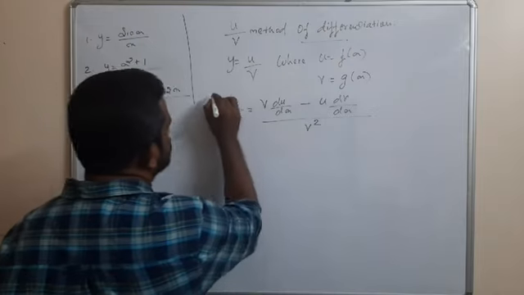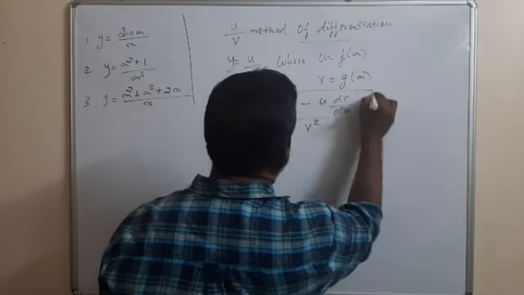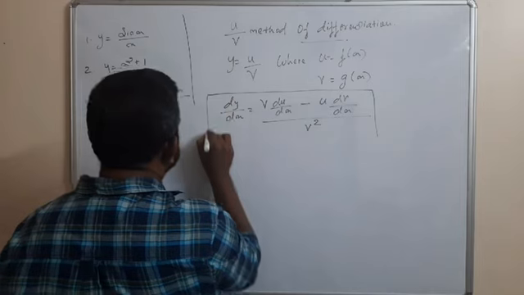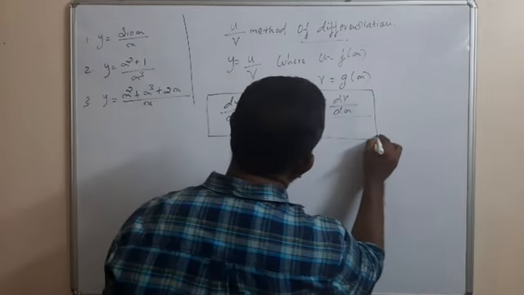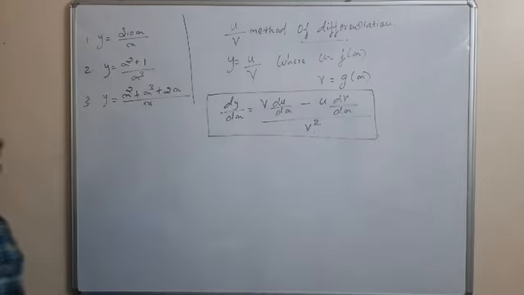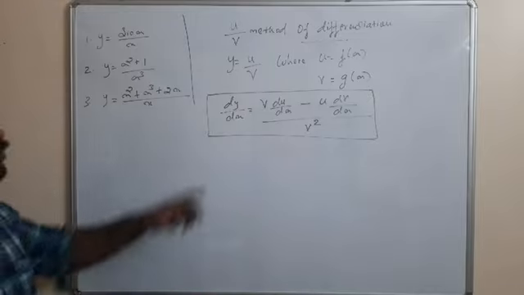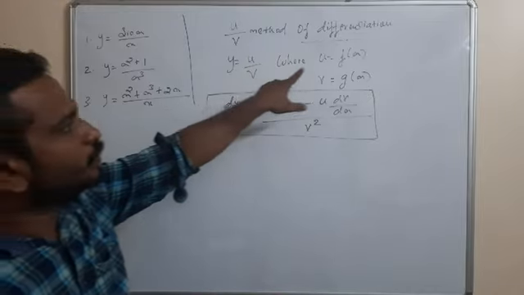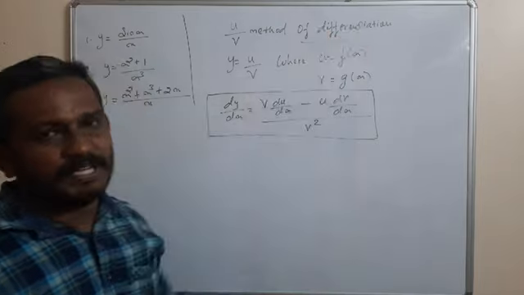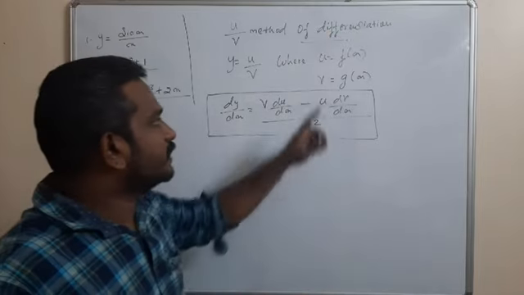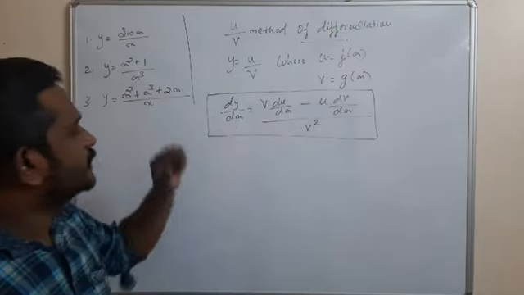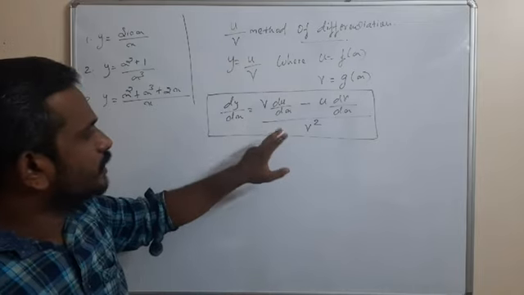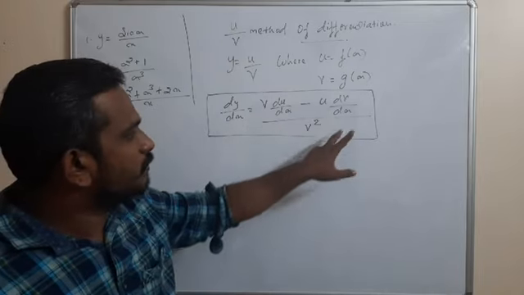So this is the formula of the u by v method of differentiation. So y is equal to u by v, where u and v are two independent functions in x. Then dy by dx equal to v into du by dx minus u into dv by dx, divided by v square.